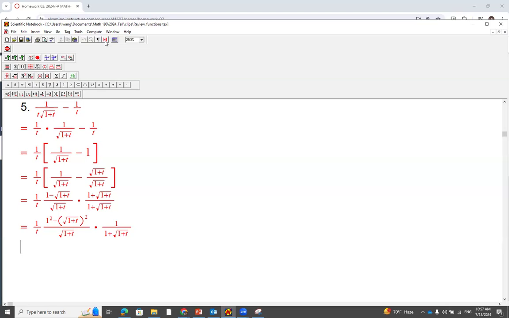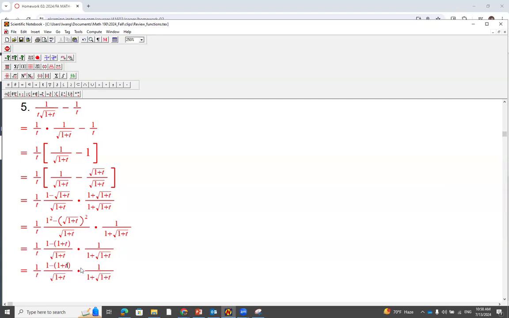And that equals, continue, copy, paste, right? 1 squared is 1. 1 plus t in square root and then squared equals just 1 plus t. Reduce it. Okay, open up the parentheses.